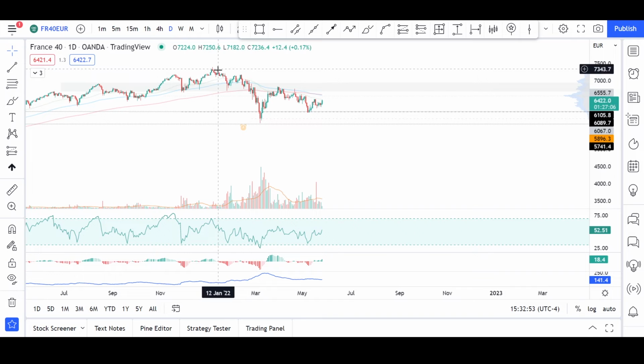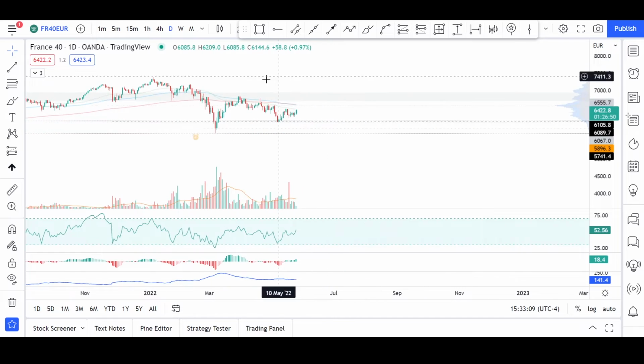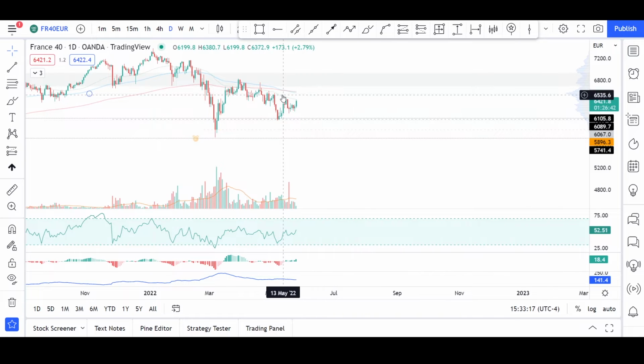So in terms of France, we need some more power regarding the Germany index, which should finally be observed right around those areas. And the most important areas to tackle right now are 6,500s and next 6,800.